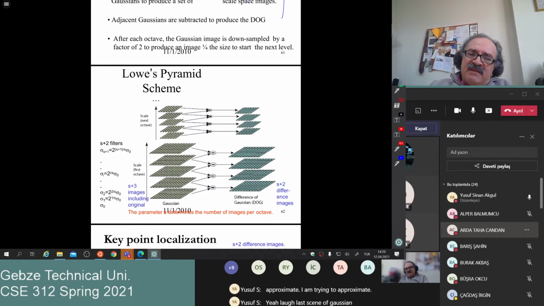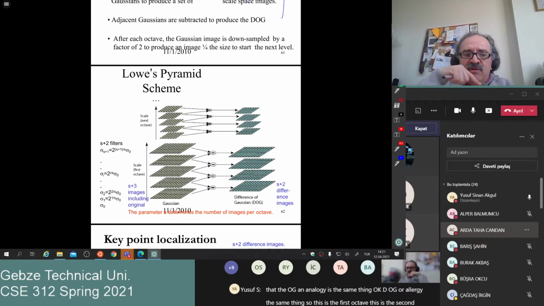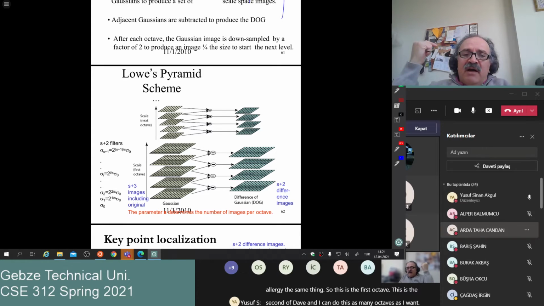So I will think that DOG and LOG are the same thing. This is the first octave, this is the second octave, and I can do this for as many octaves as I want. Why are we doing this?